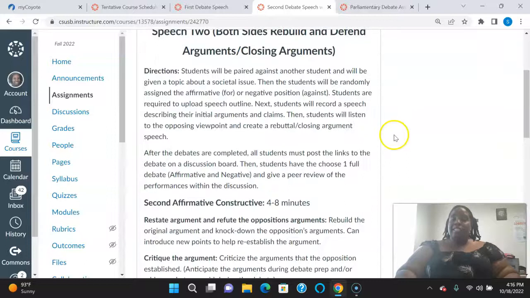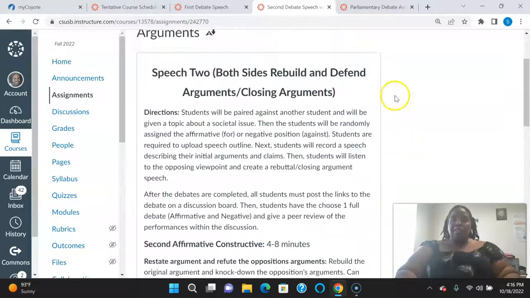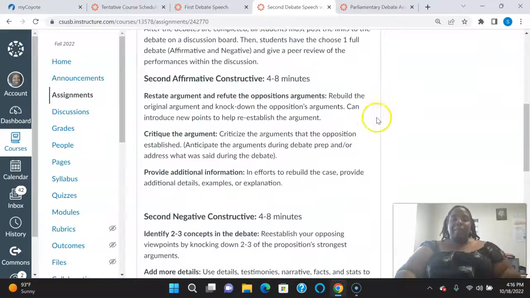Then you're going to continue the argument. Both sides are rebuilding their case because we'll be able to see each other's case and we'll be able to respond to each other's case. So the second affirmative will be rebuilding the case.